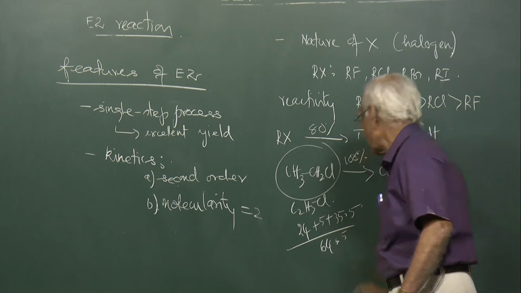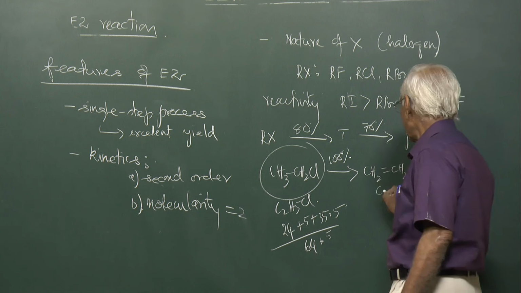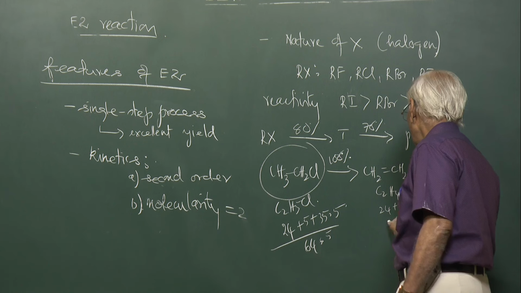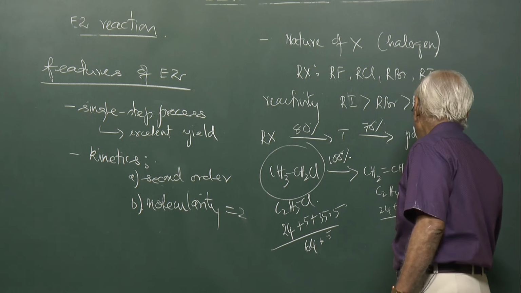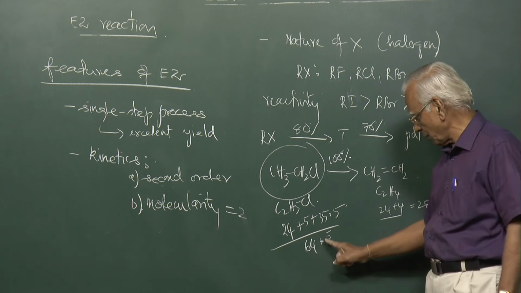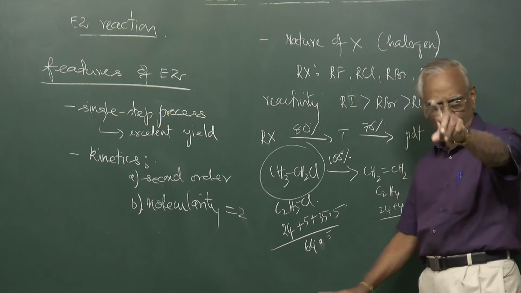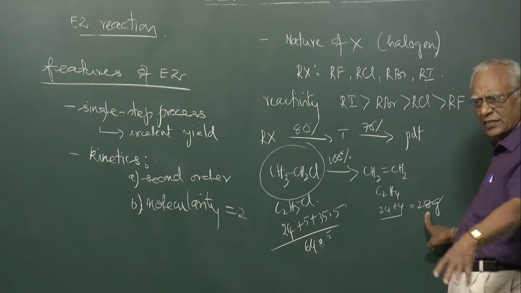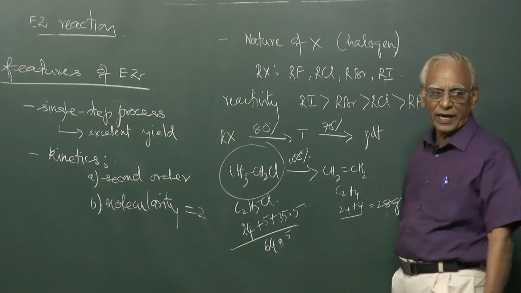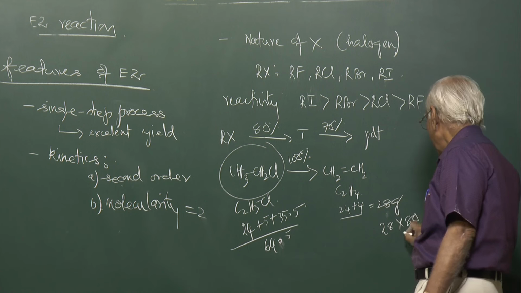Am I right? 64.5 grams of chloroethane. And this is going to be converted into C2H4, that is 24 plus 4, I should have got 28 grams. Am I right? Had it been 100% yield, if you take 64.5 grams, 1 mole, that is the maximum yield I should get, 28 grams. And if it is not going to be 100%, say 80%, what is 80% of this? 28 into 80 by 100.